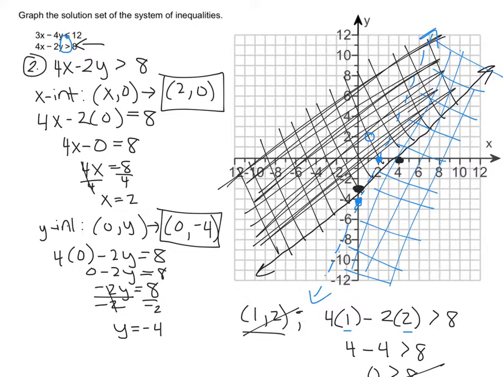Now the solution to my system is the graph of the two lines plus the shading of the overlap. So I only want to include the shading of the overlap of the two lines. And as you can see, the overlap is going to be within these two lines here.